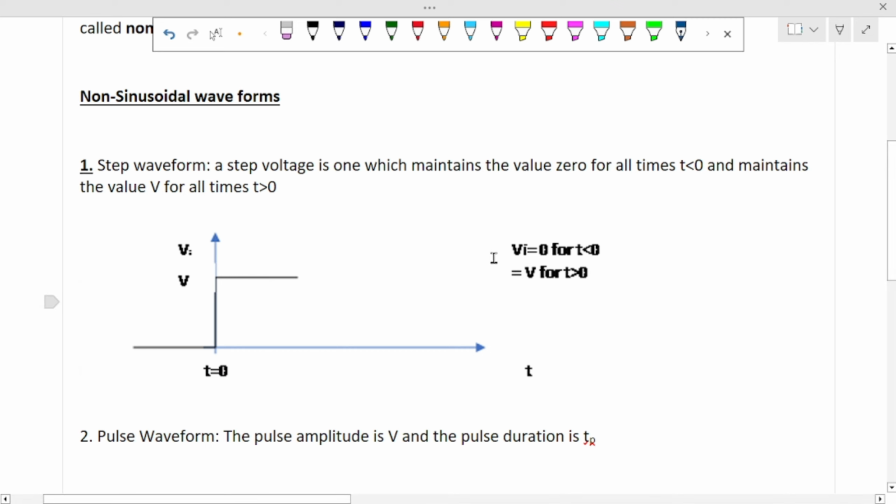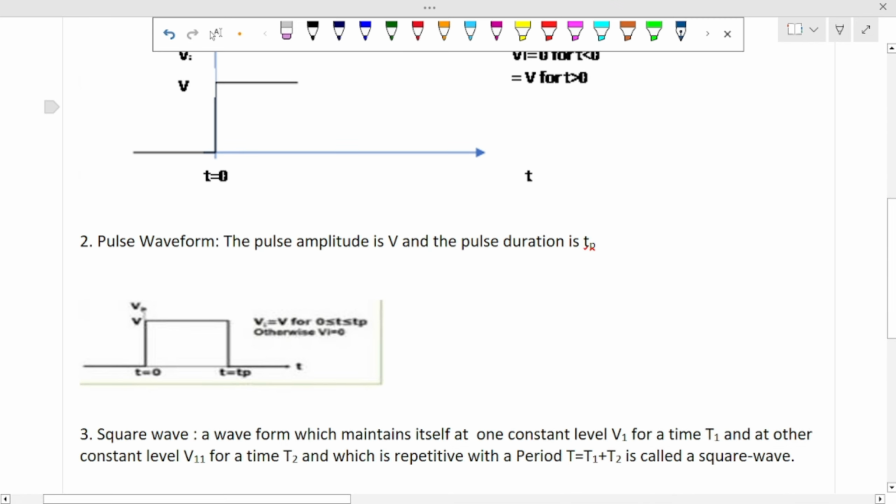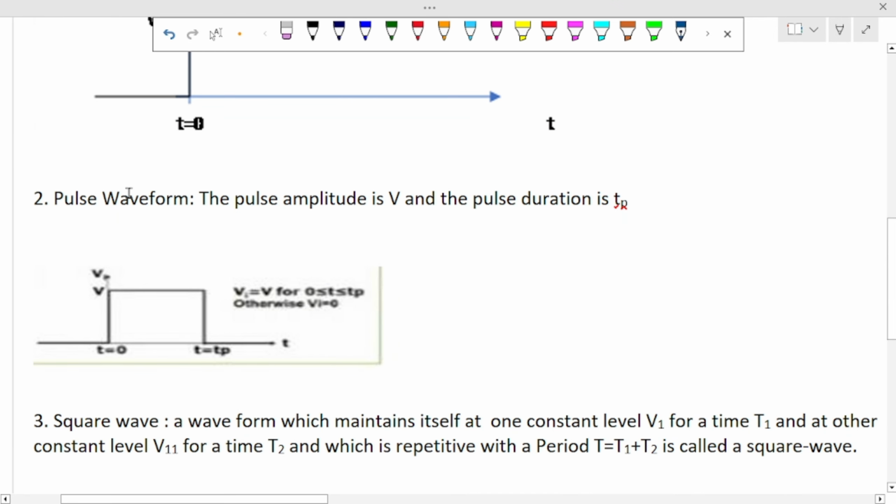That's for the step function. Then for the pulse function or pulse waveform, the pulse waveform amplitude is v and the pulse duration is tp. Now what does that mean? Of course, voltage and time again.